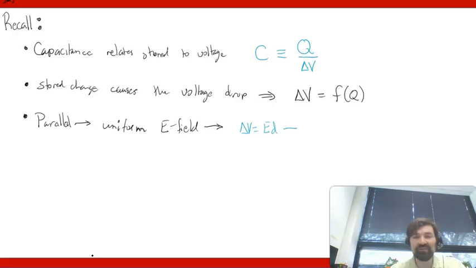And so the capacitance was epsilon naught times the plate area divided by the distance. So this was a nice example for that.